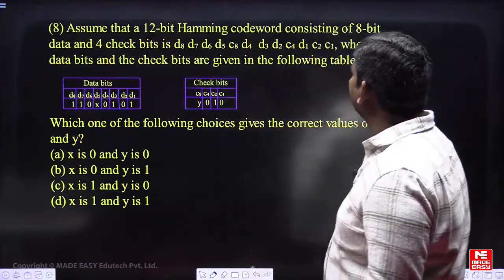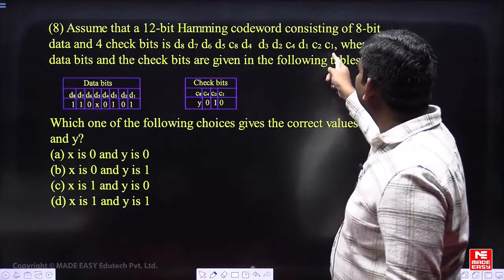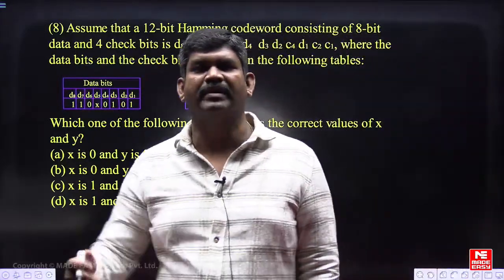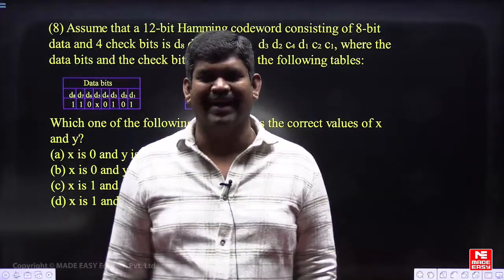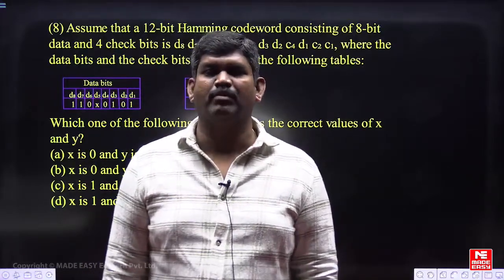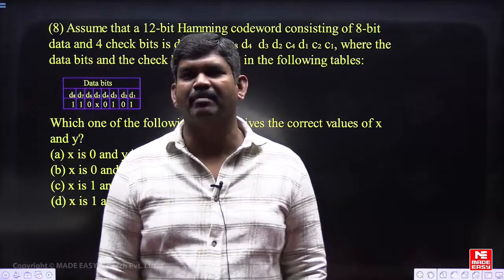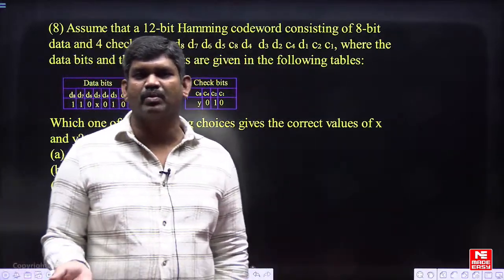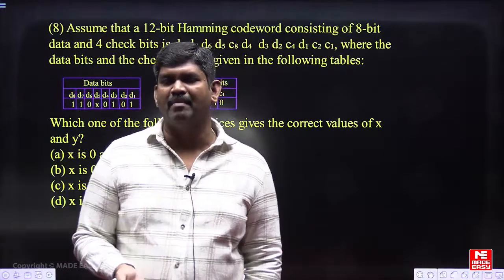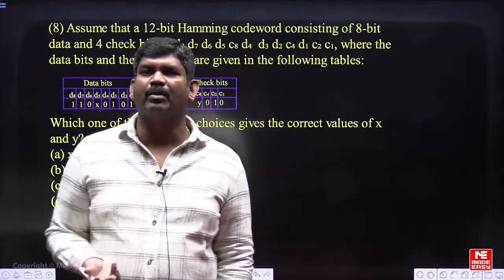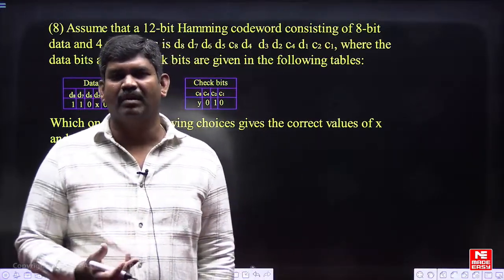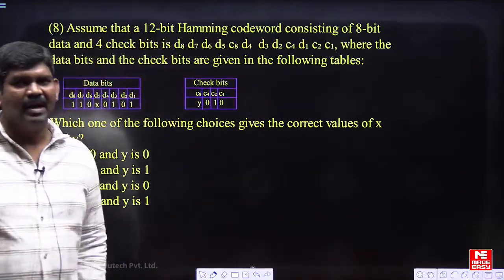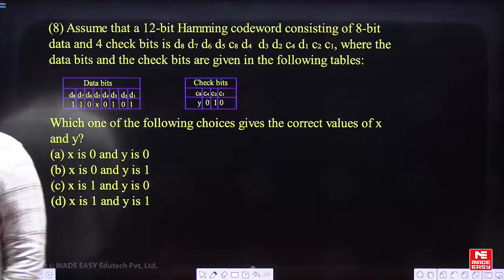Now the rules of the Hamming code: for the data, you add some extra bits called parity bits, and the number of parity bits you add is given by the relation 2 power r greater than or equal to m plus r plus 1, where r is the parity bits and m is the message bits. The second rule: the parity bits should be placed in the power of 2 positions. They are asking for the x and y values.